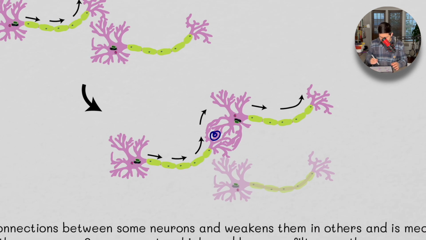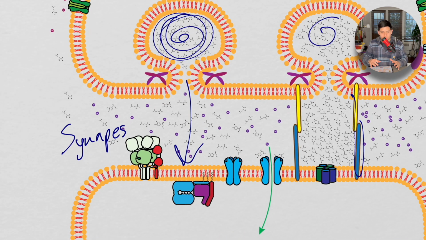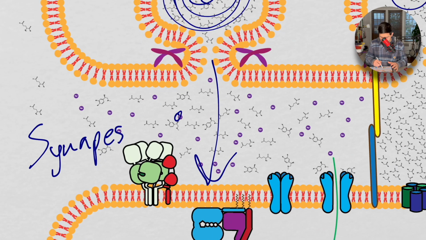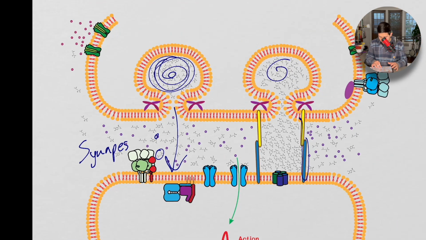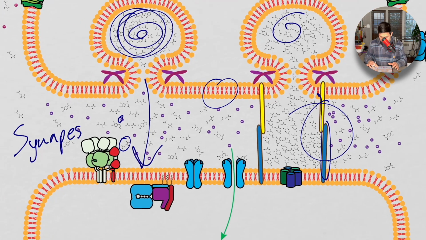These things are synapses, and the synapse is riddled with tons of stuff. We have sodium ions, neurotransmitter, other proteins, lipids.